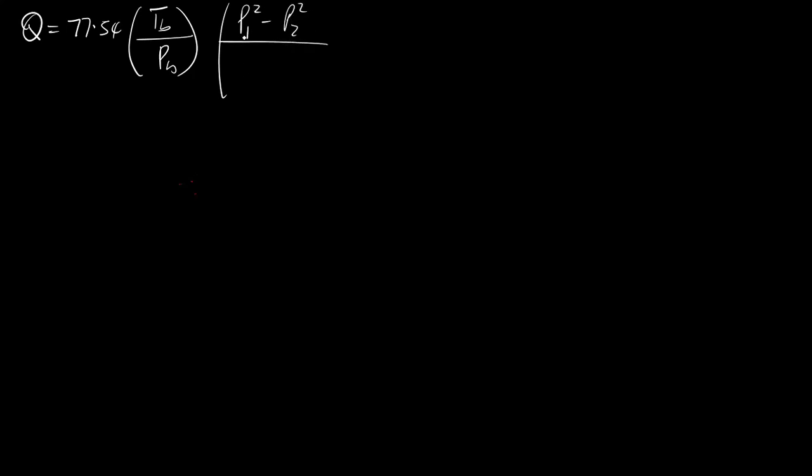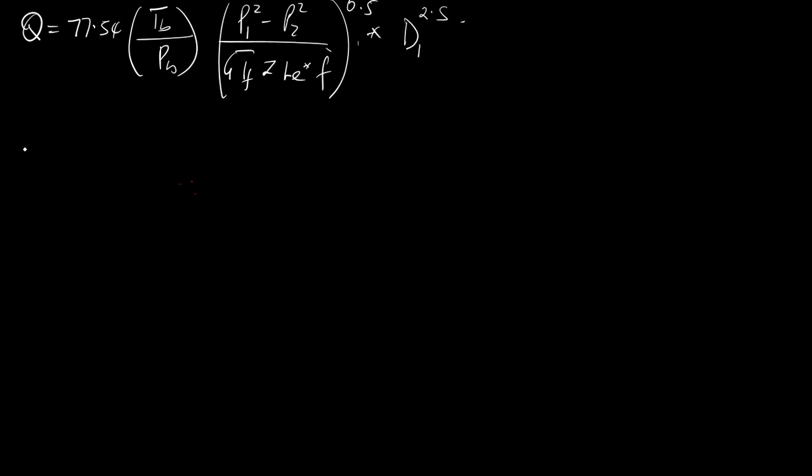So now we have Q equal to 77.54 times the base temperature divided by the base pressure times P1 square minus P2 square, where P1 is P at A and P2 is P at B, over G times the temperature times Z times LE, all raised to power 0.5 times D1 raised to power 2.5.